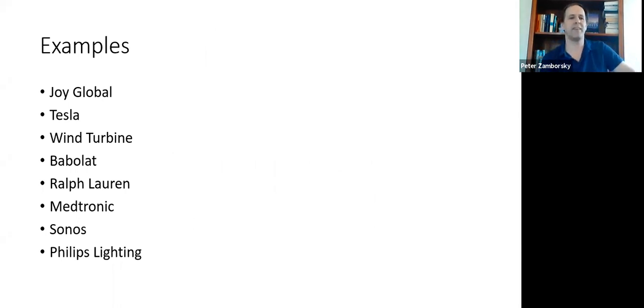So some of the examples of companies that are quite successful in reaching out through the industry barriers and forming these technology stacks: Tesla, obviously, but also companies such as Babolat in the tennis industry, which has kind of some technologies within the tennis racket that helps you to measure your performance, or smart apparel, Ralph Lauren, etc., etc.